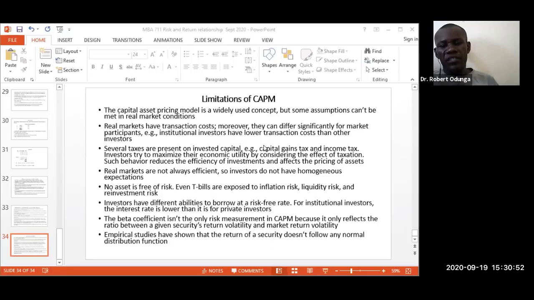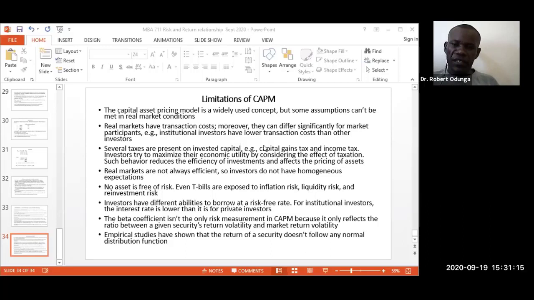When we are talking about limitations, we are actually focusing on the assumptions, because for a model to operate, there are certain assumptions that have to hold. And these assumptions are the ones that we try to criticize if we have to point out some of the limitations.